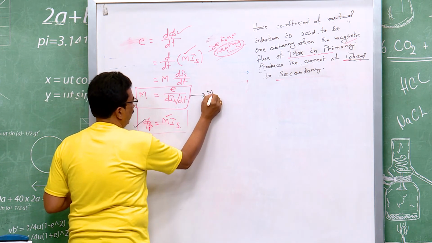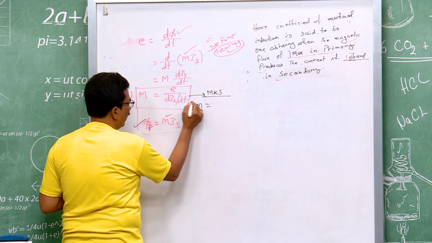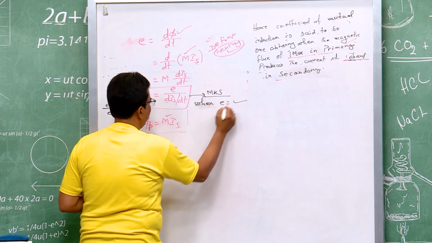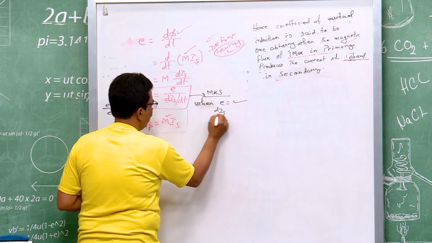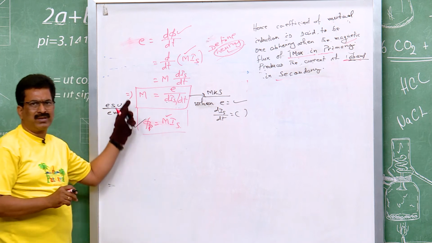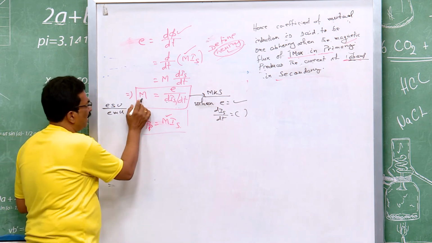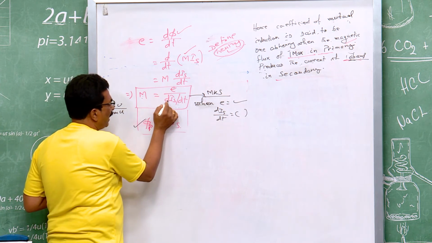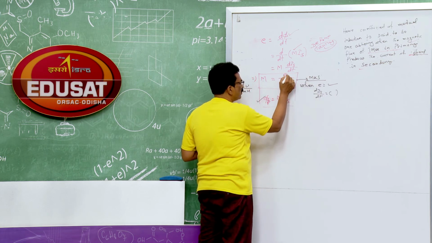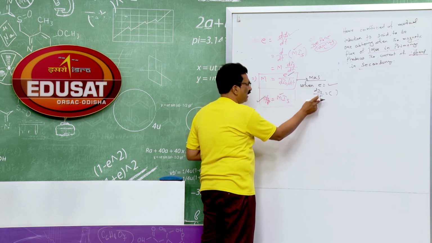For this one, as I said, to find the unit of anything, you will follow its mathematical expression. The mathematical expression is this one, E by dI by dt. When we are going for the M case, we have to choose the unit of E in the M case, and the unit of dI by dt in the M case.